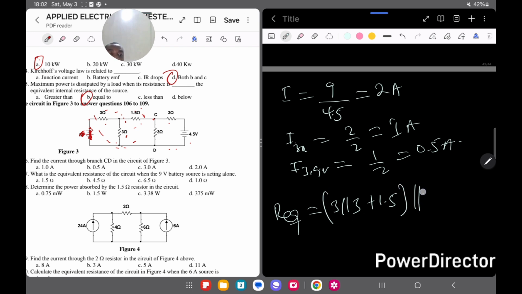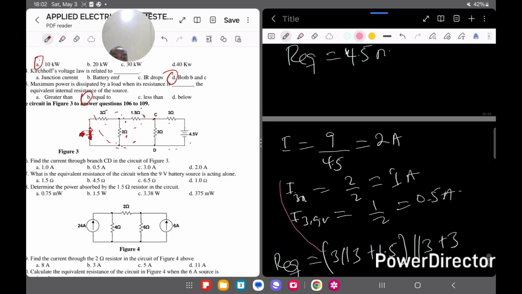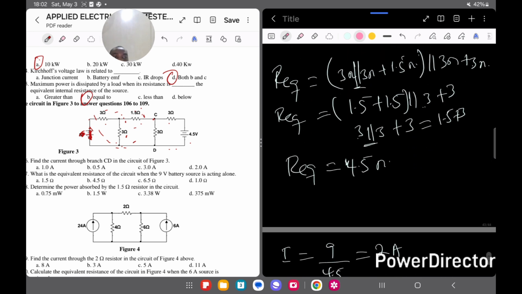Parallel with 3. Then plus another 3. You can see that it's similar to the other one that we got, right? If you look well, I think it's the same even. Yeah, 1.5, and then this one is 3.